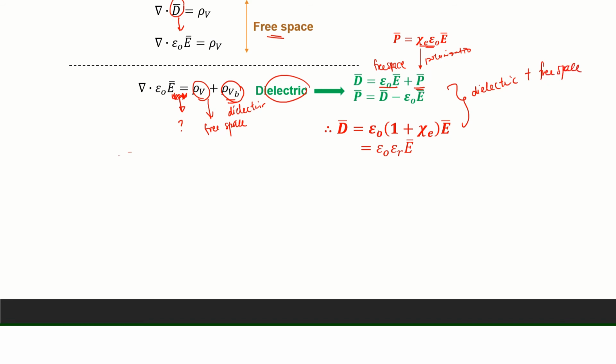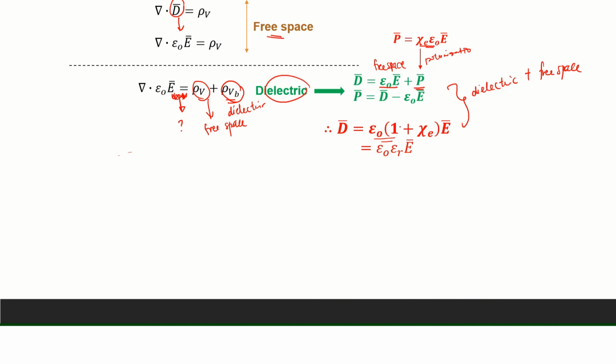It can be rewritten as epsilon naught times 1, which is for free space, and for dielectric, plus electric susceptibility, epsilon naught E.